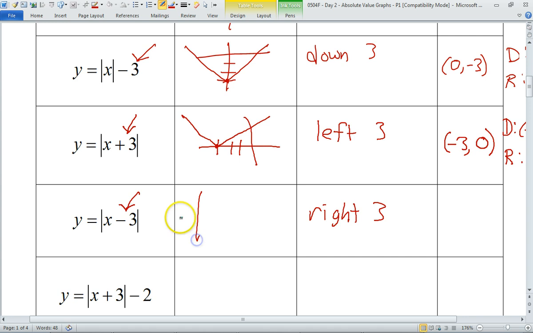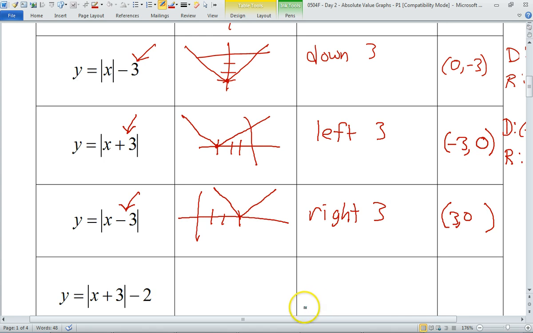So make your sketch. 1, 2, 3. It's to the right. So there's our sketch. Very good. Piper, can you give me the vertex of this new one? 3, 0. Perfect. 3, 0.